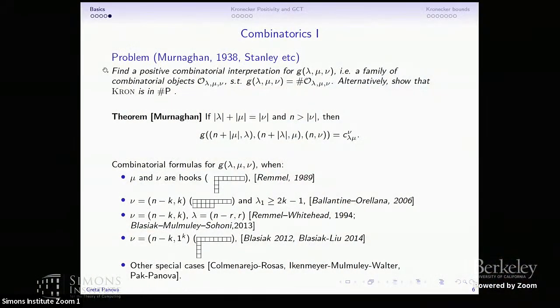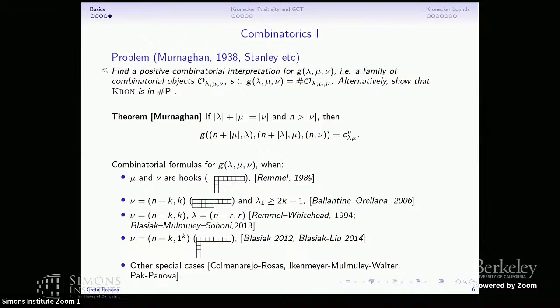So this is one slide of what's known from the combinatorial point of view. People in combinatorics who were first studying these questions didn't phrase this in computational complexity terms, but they were asking, is there a combinatorial interpretation? Is there some nice discrete family of objects where we say that the Kronecker coefficient is equal to the number of these objects?